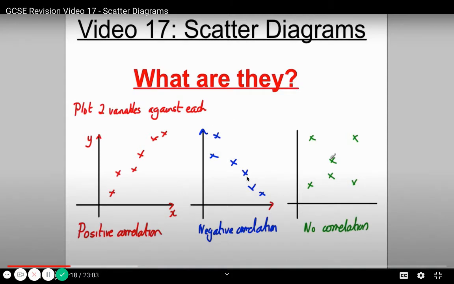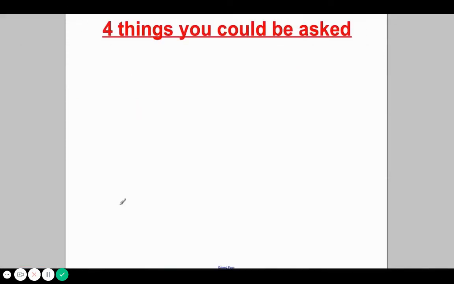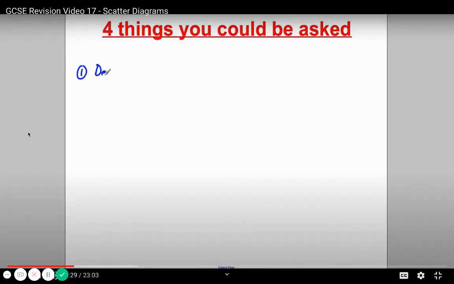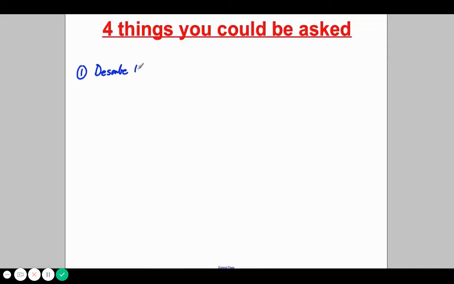These are pictures of scatter diagrams. And there are four things they could ask you in the exam. So let's go through the four things they could ask you. The simplest thing they could ask you is to describe the relationship between the variables.